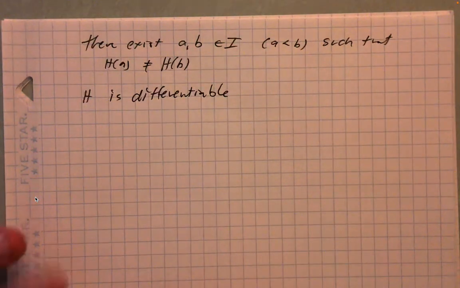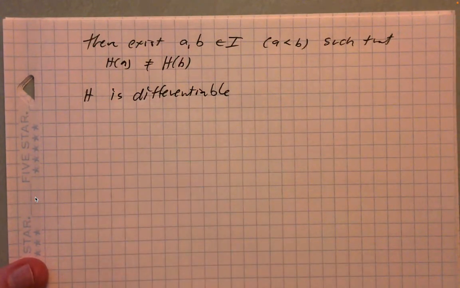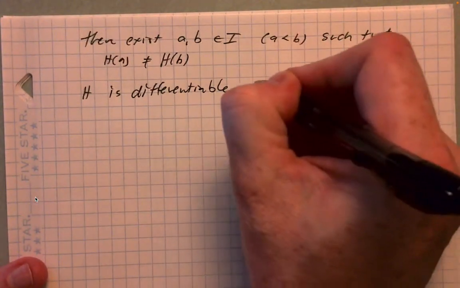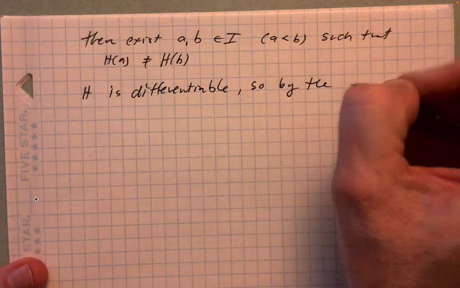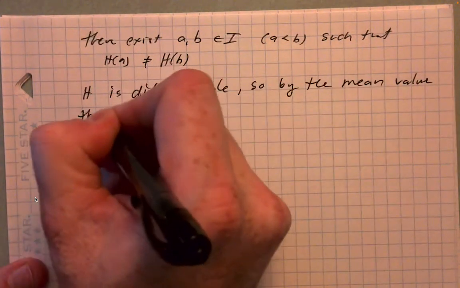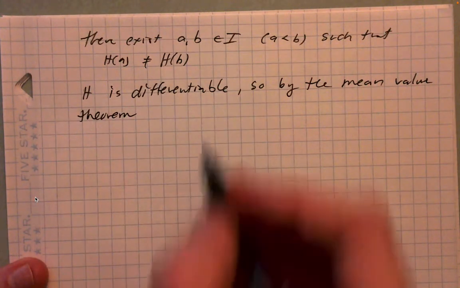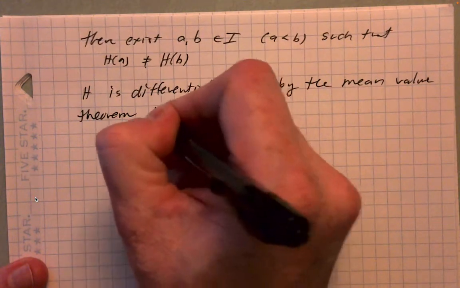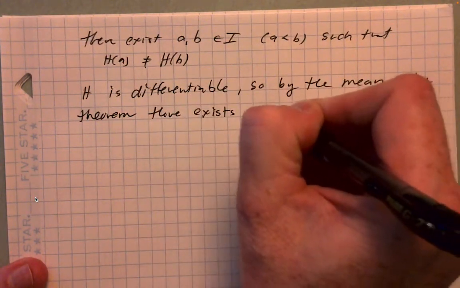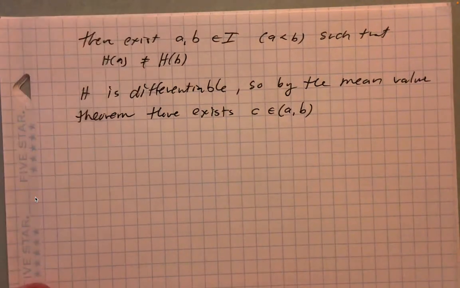Right? And so if h is differentiable, then the mean value theorem applies. Okay, so h is differentiable. So by the mean value theorem, there exists a c, and the c is going to be somewhere in the interval AB.